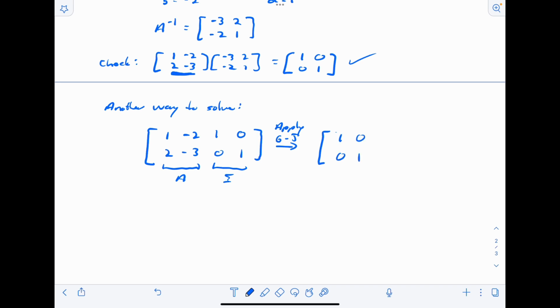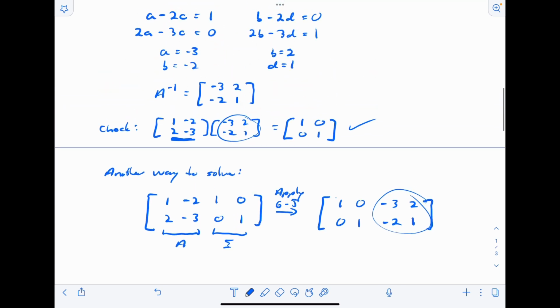Because again, when we apply Gauss-Jordan elimination, we are trying to create that identity matrix where we just have that diagonal of ones, everything else is 0. And this is -3, 2, -2, 1, which is the inverse matrix.